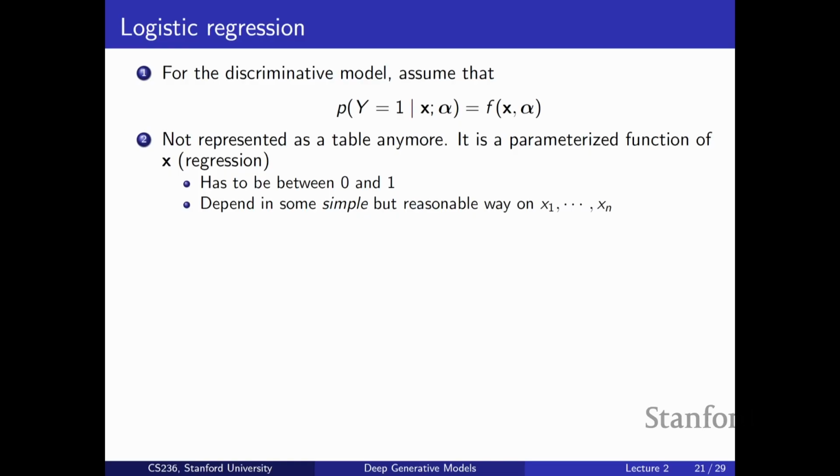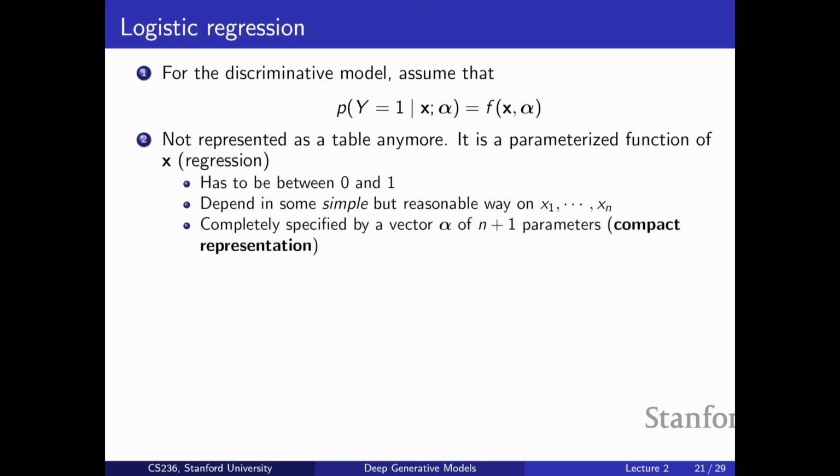We want the dependency to be simple but reasonable. If it's too complicated, and it's a table, a lookup, then you're back to the previous setting. You don't gain anything. So somehow you want a simple dependency, but one that is sufficiently rich that it captures real ways in which changing x should change the probability of y.